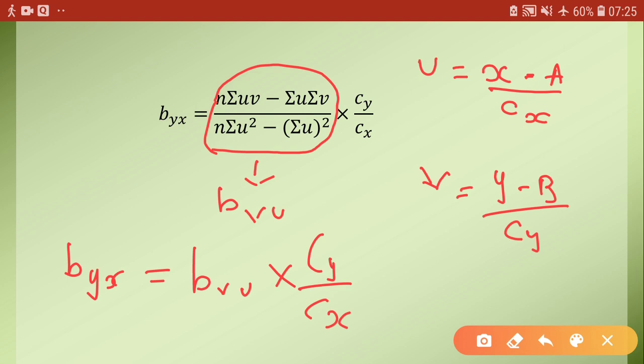BYX is equal to BVU into Cy upon Cx. Yes, so this formula you have to learn by heart.